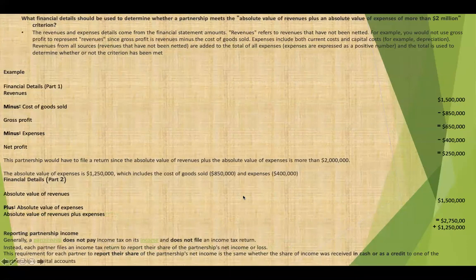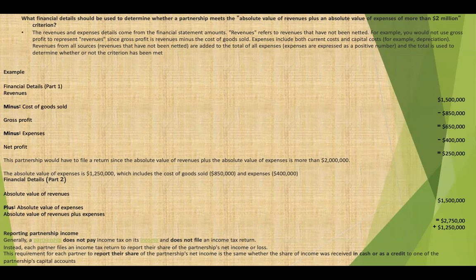So what financial details should be used to determine whether a partnership meets the 5 million or 2 million assets? There are criteria that are set that we should explain in this slide. So the revenue and the expenses detail from the financial statement amount. So revenue refer to revenue that has not been netted.